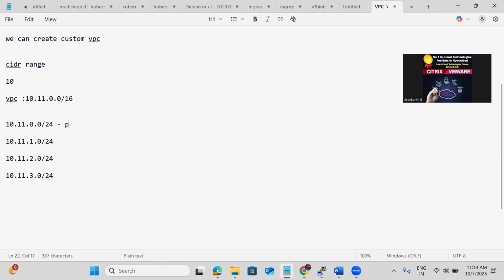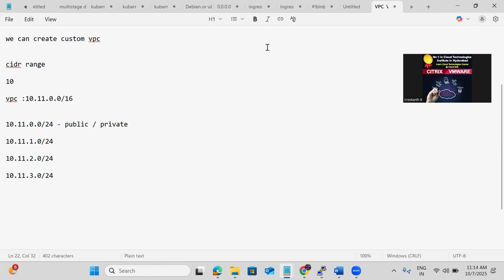So here we are going to choose the subnets, maybe public subnets or private subnets. What is the difference between public and private subnets? The public subnet resources are accessible globally, over the internet.